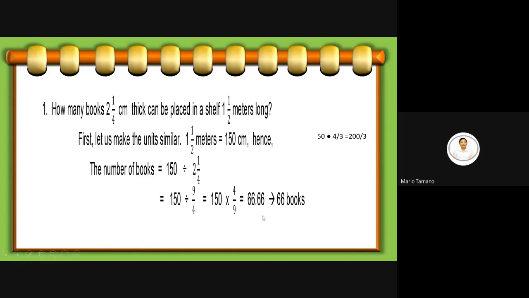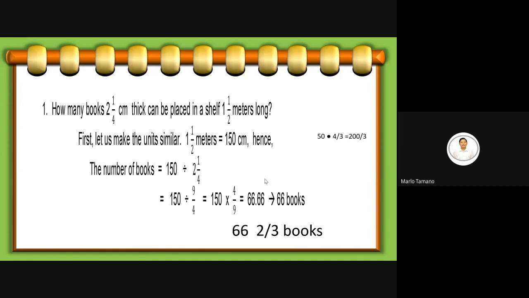May sobra po tayo na 66. Kasi nga, mixed po yan. So, we have 66 and 2/3. Ayan. So, we have 66 and 2/3 books.